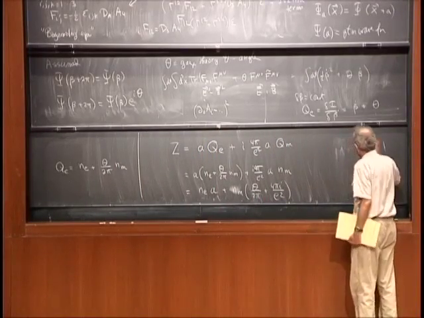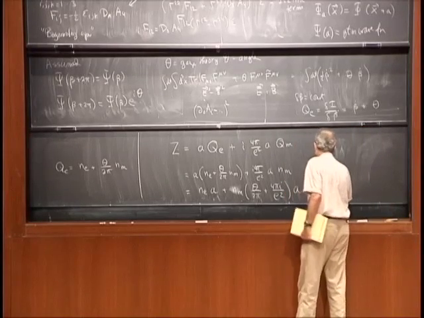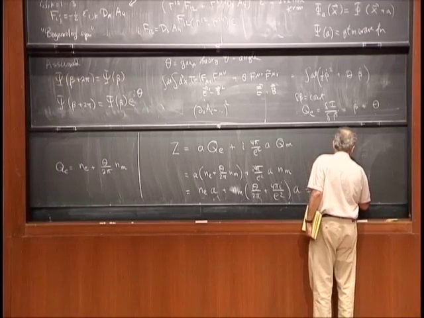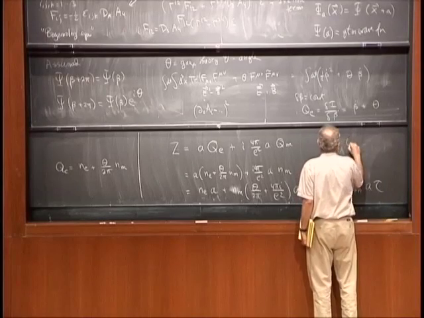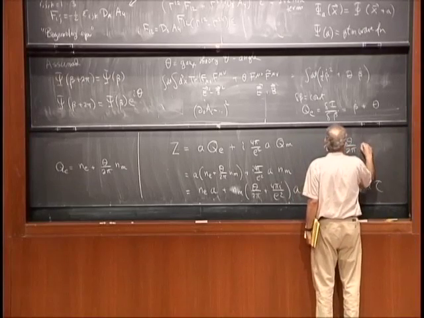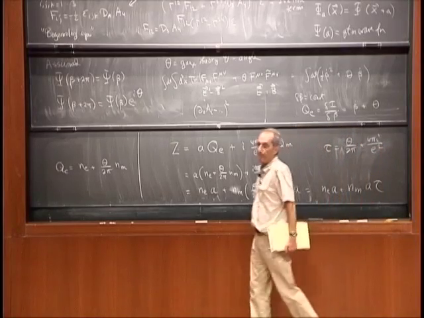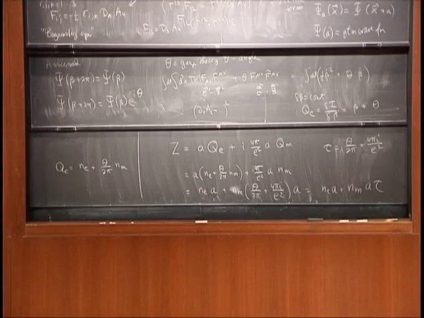That combination, which has just appeared, is very important, and it's often called tau. So that's the classical formula for the central charge, including the theta angle.